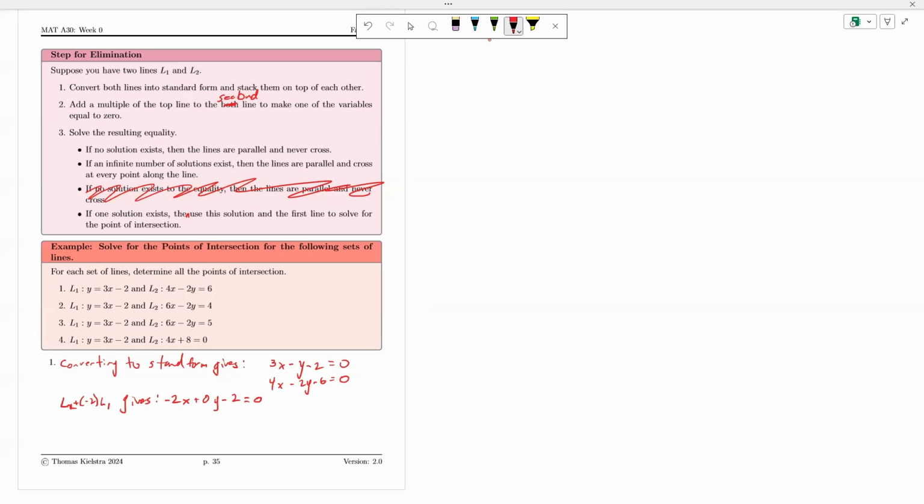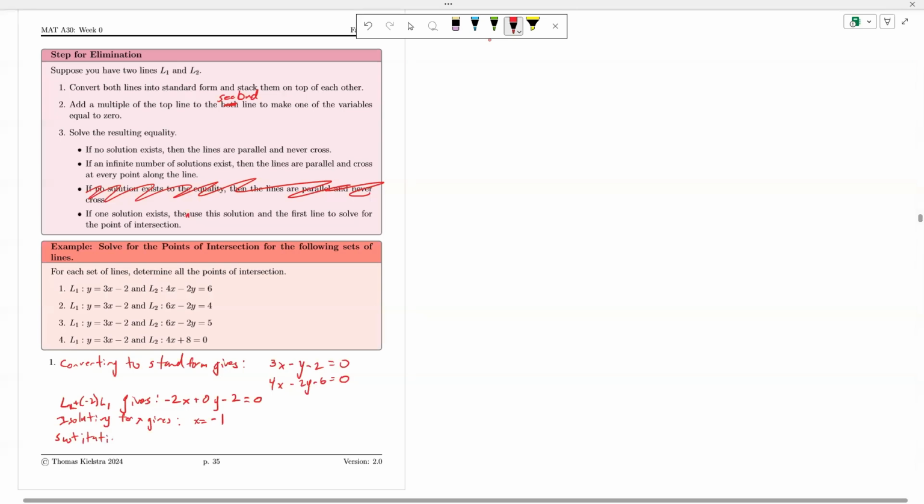Now we can eliminate either the x or the y. It doesn't matter. And now isolating for x gives x equals minus 1.